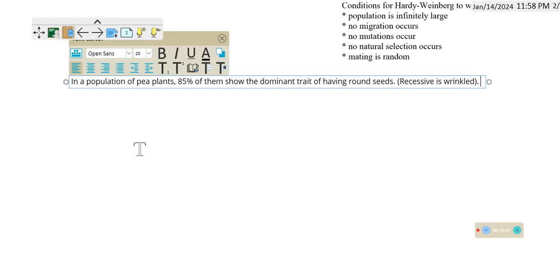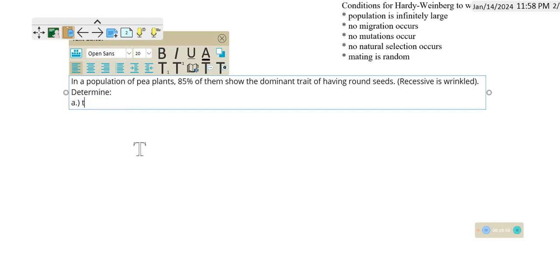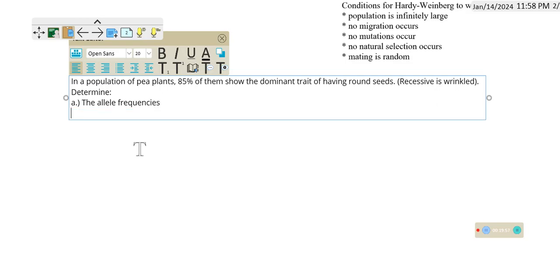Then I could ask you to determine the allele frequencies, the genotype frequencies, and for each possible genotype.